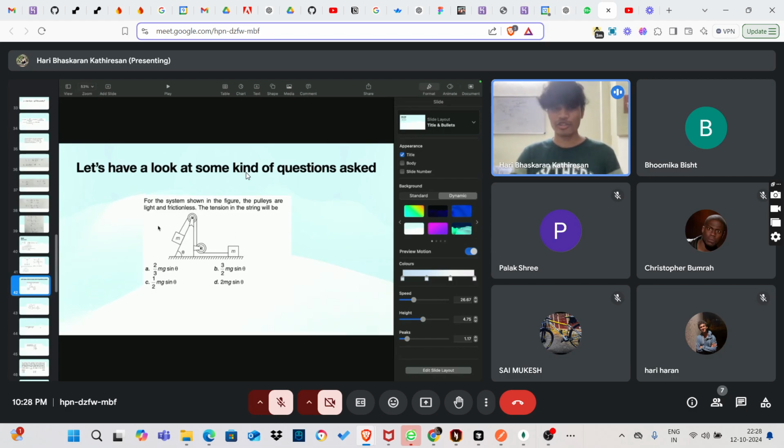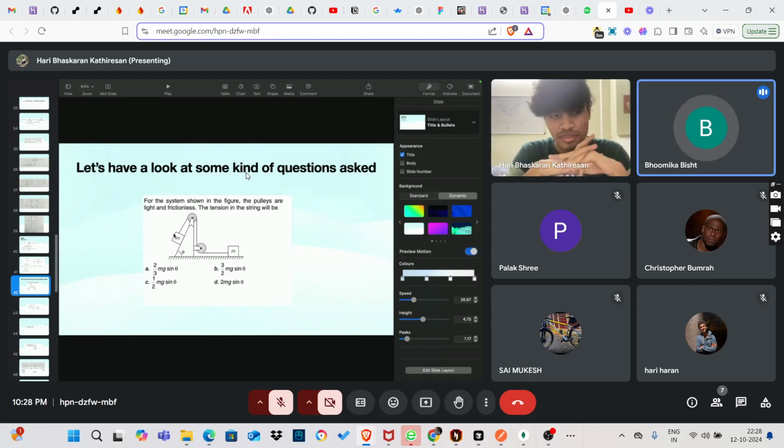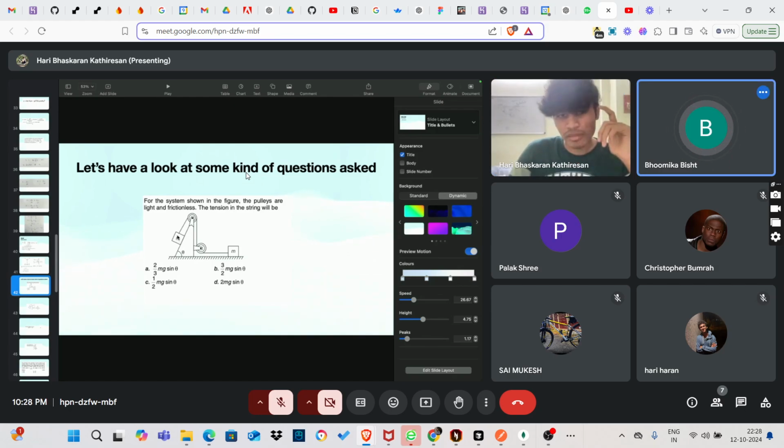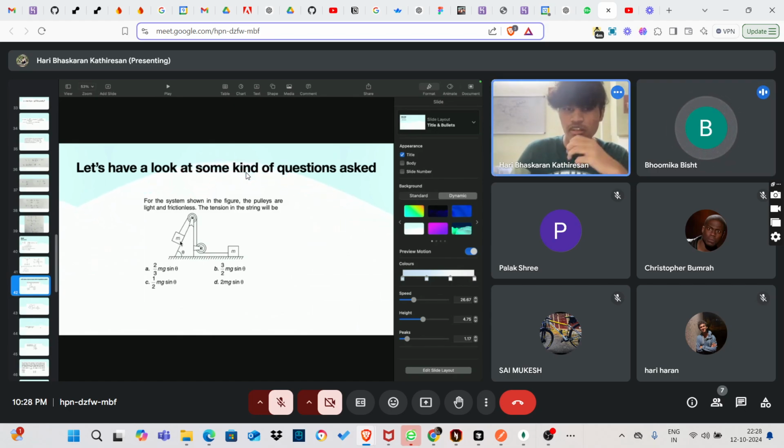Yeah, that's correct. So what about the free body diagram of this mass? Just tell me the forces and directions. mg along the wedge. Mg usually acts perpendicular to the ground, right? So what do you do then? It will break into two components: mg cos theta and mg sin theta.